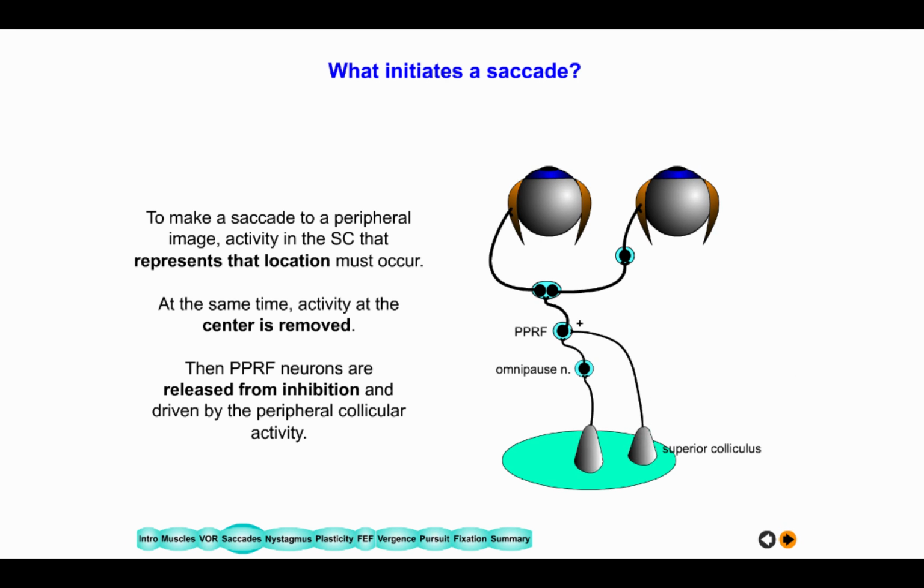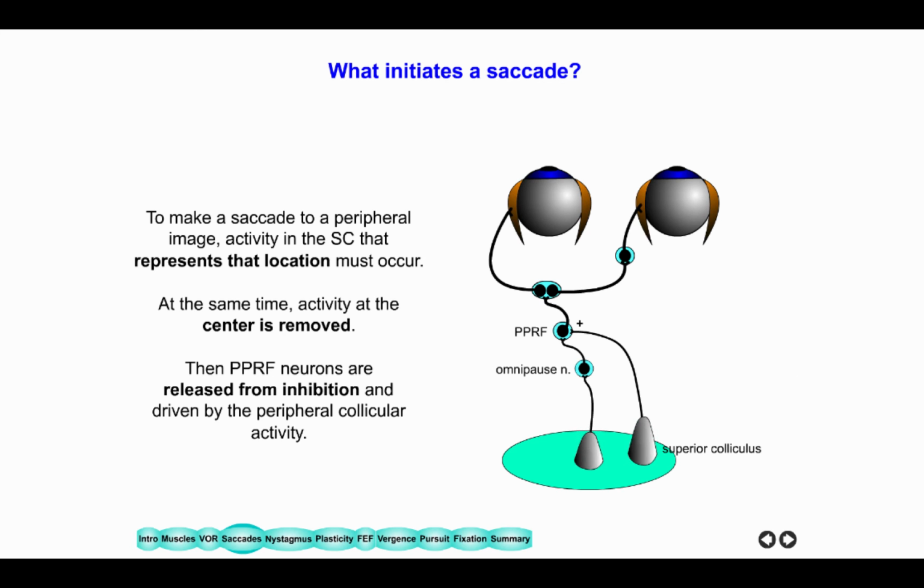What then allows saccades to be produced? Well, in the case of the superior colliculus, when something compelling flashes in your periphery, a hill of activity starts building up here, and at the same time gets removed from the foveal region.